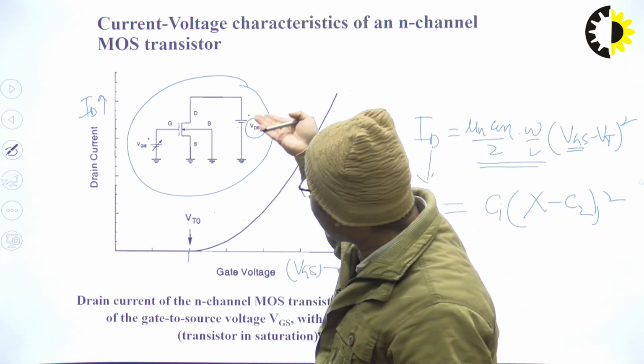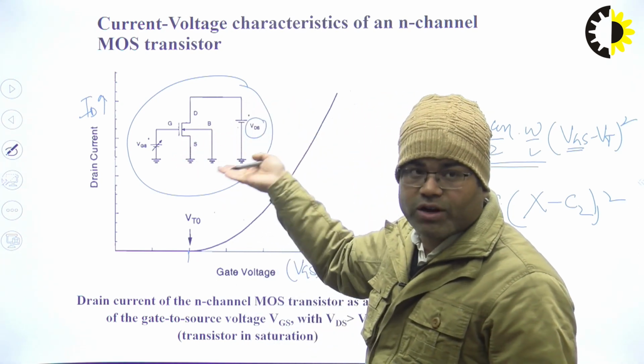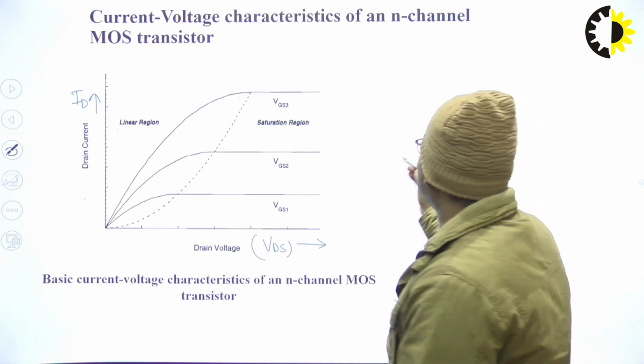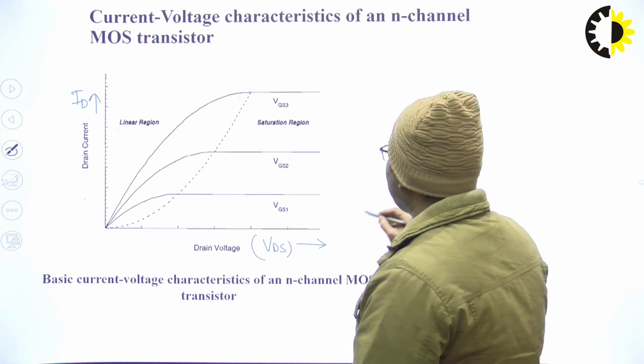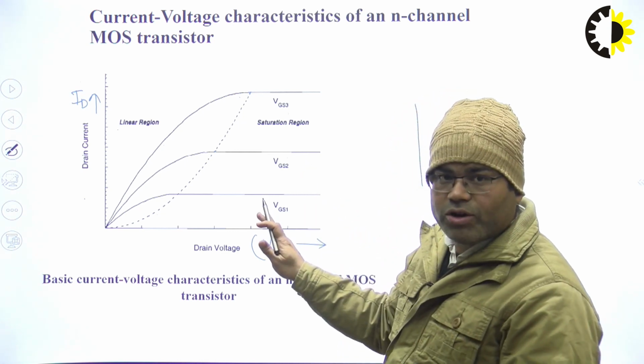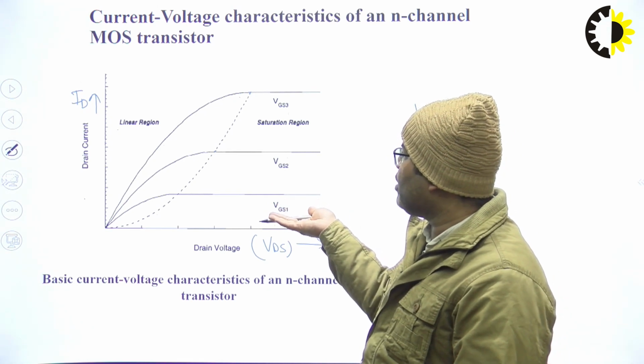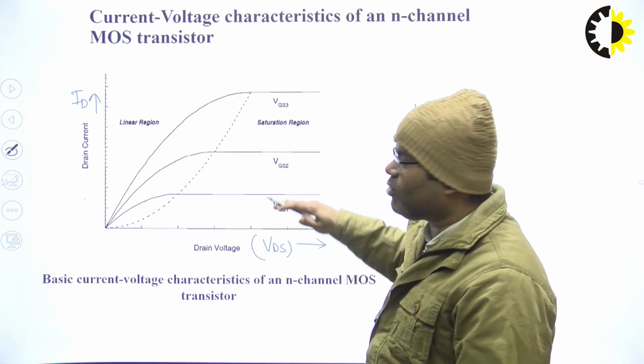With variation in VGS, we have plotted this curve. In this diagram we have plotted the characteristic curve by increasing VDS with constant VGS.